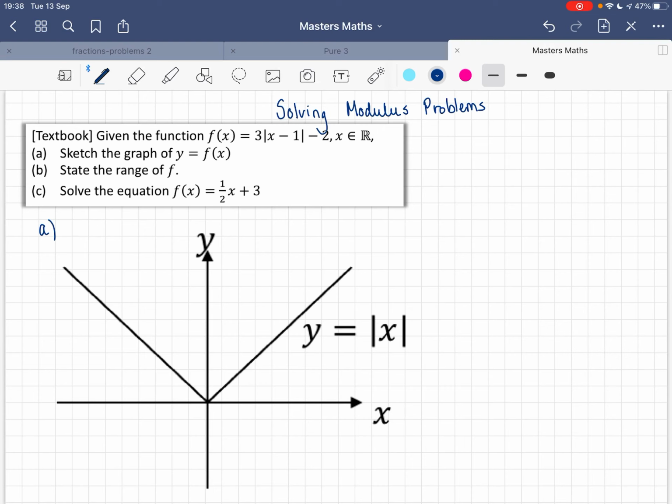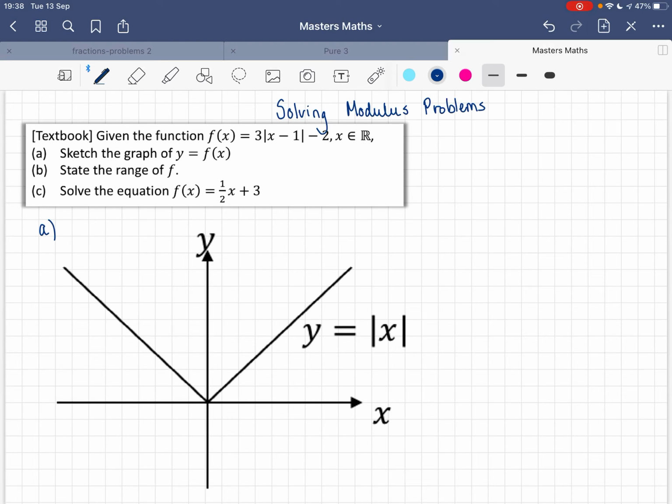Okay, you are being asked in this example to sketch the graph, state the range, which we haven't really looked at with modulus graphs, I don't think. But obviously we know how to discuss range anyway, and then solve an equation.